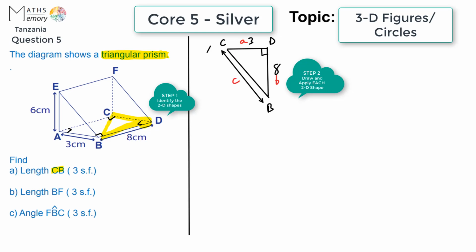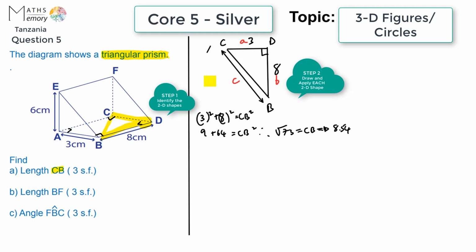Once you've drawn it in 2D, we can say 3 squared plus 8 squared gives you CB squared. So 9 plus 64 gives you CB squared. We add them together, we get 73. So root 73 equals CB, which to three significant figures is 8.54.